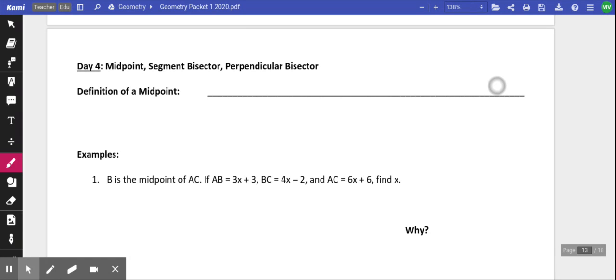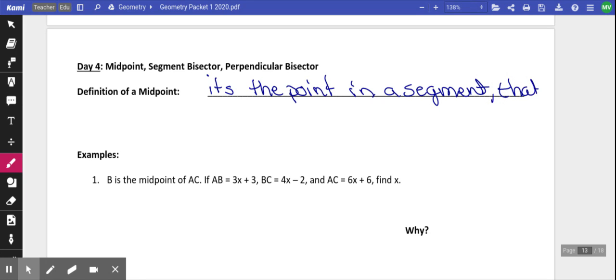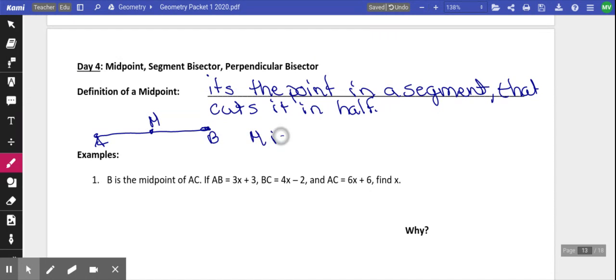Definition of midpoint: it's a point in a segment. It has to be a segment because lines have no end, so it has to be a segment that cuts it in half. So that means if I have segment AB, and M is the midpoint of AB, that means lots of things.